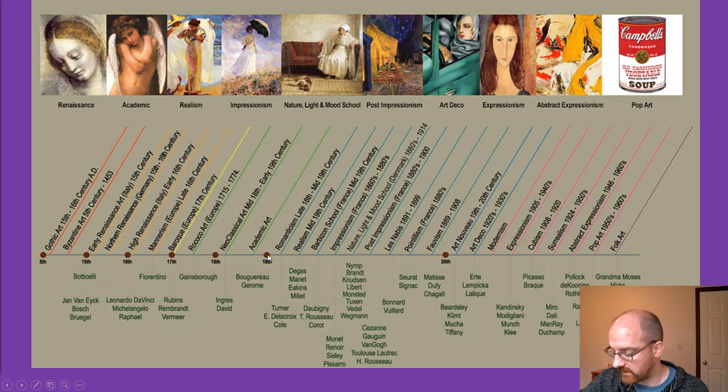And then suddenly the 19th century hits, and you have Romanticism. But then suddenly you get realism in the mid 19th century, and then we're off to the races. Look at all of those art styles, all those lines, all of a sudden. And then even more so in the 20th century.